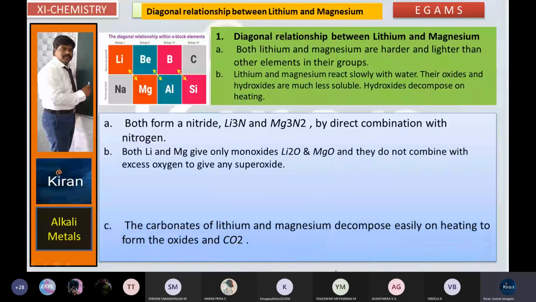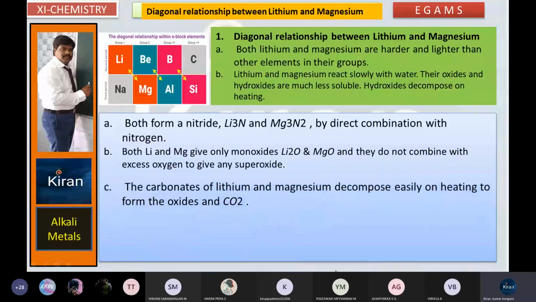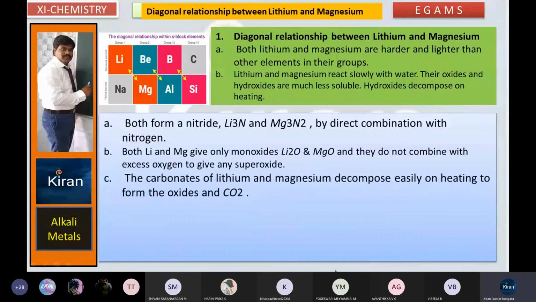The carbonates of lithium and magnesium decompose easily on heating to form oxides and carbon dioxide. For one example of this statement, take magnesium carbonate, MgCO3.